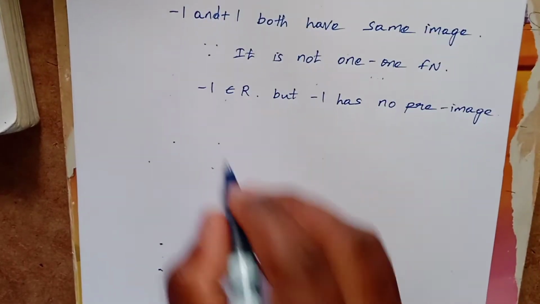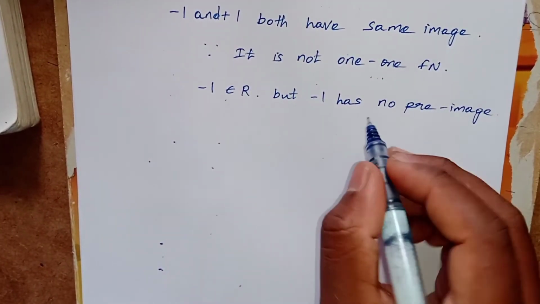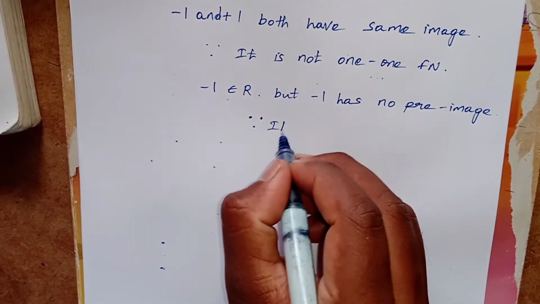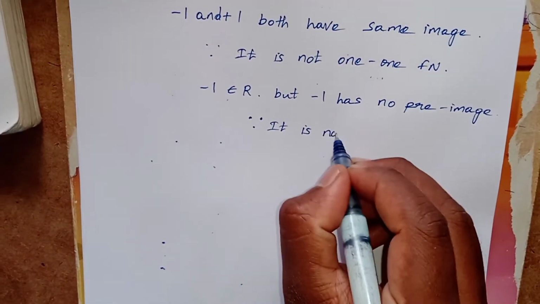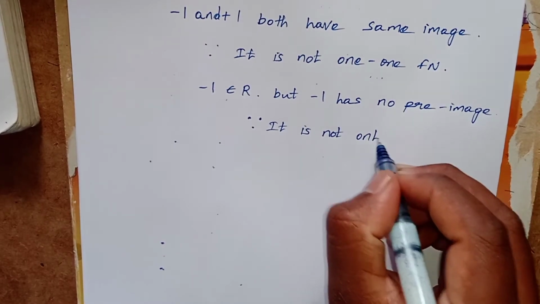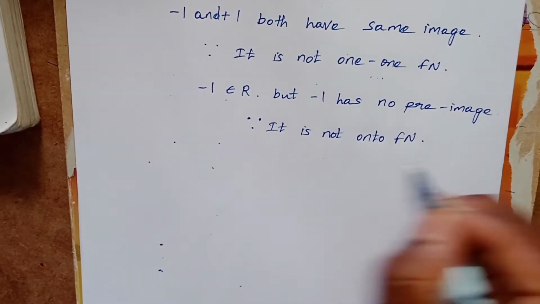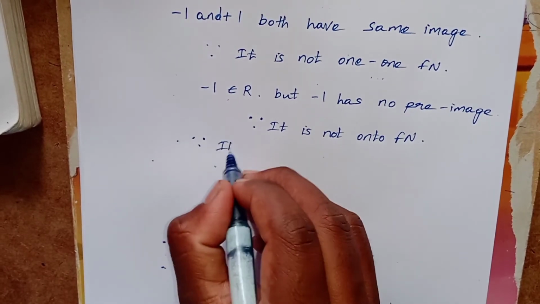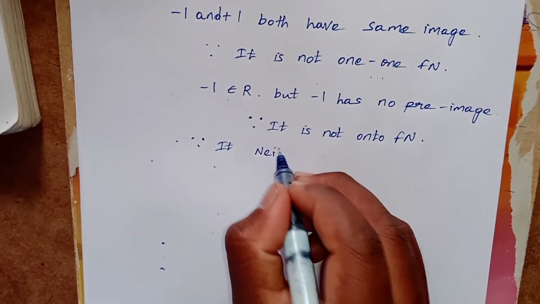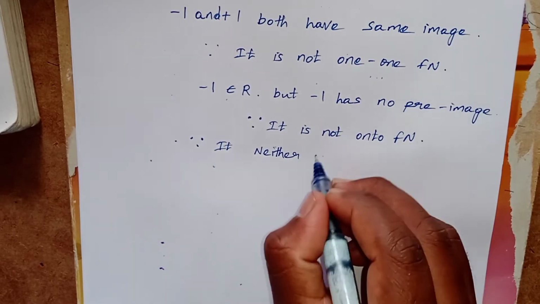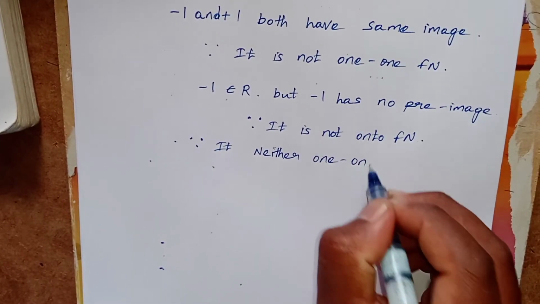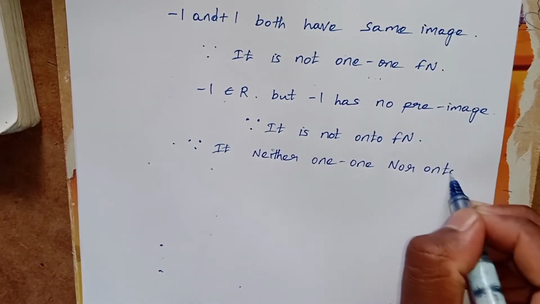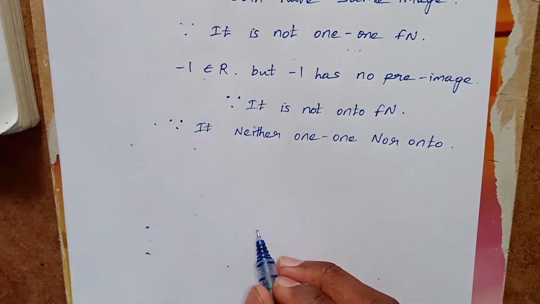Okay, therefore -1 has no pre-image, therefore here it is not onto function. Okay, finally you have to write it is neither one-one nor onto.